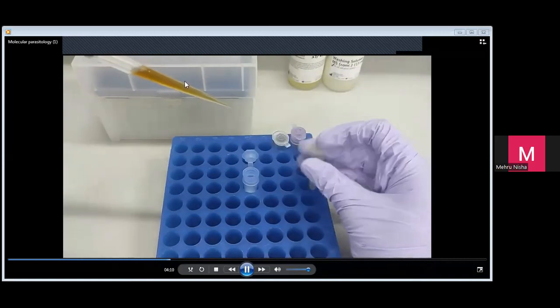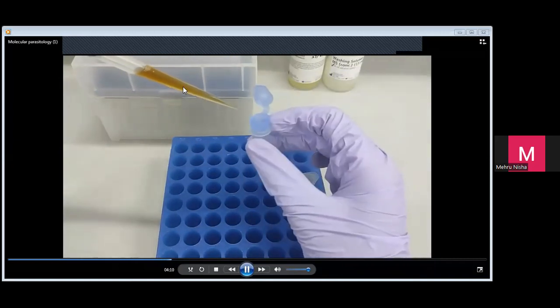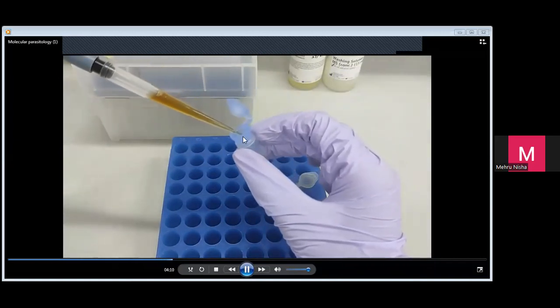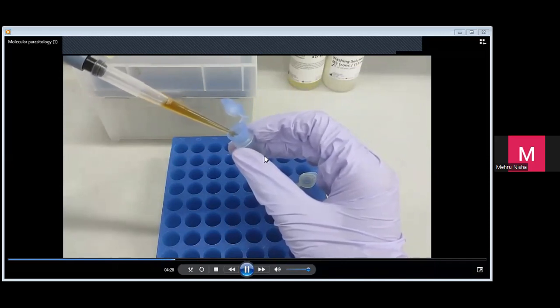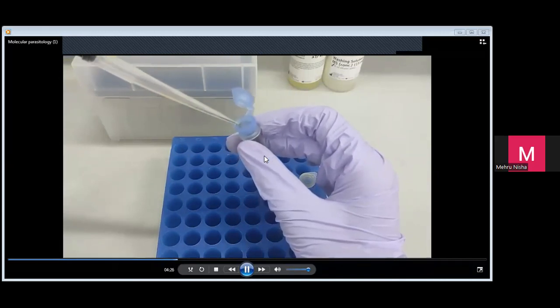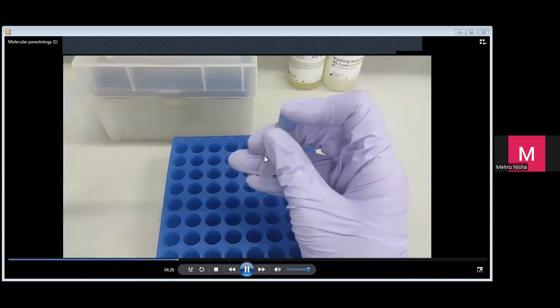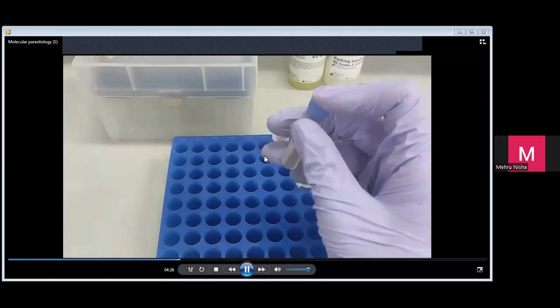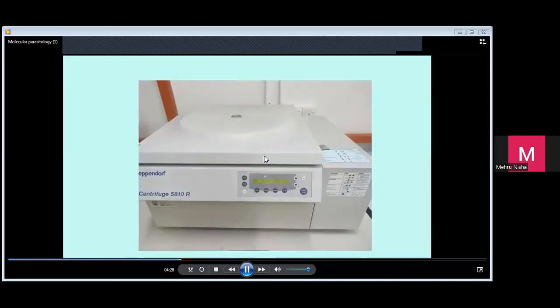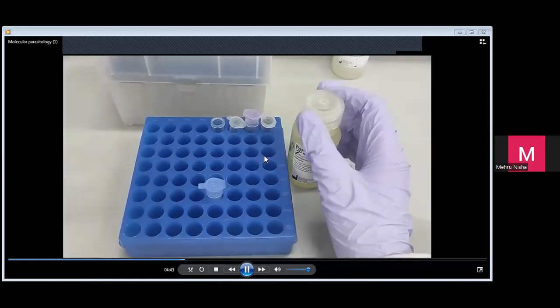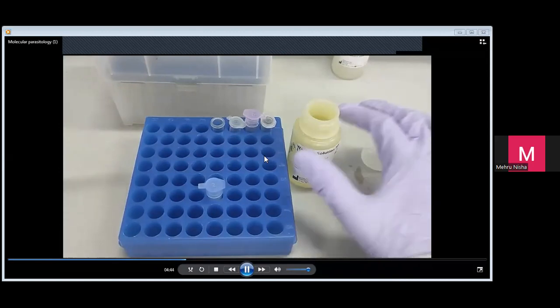We estimate the DNA from the stool here is already quite clean. We just want to trap the DNA in the membrane filter. Okay, so a centrifuge is needed. Again, a few times we wash.